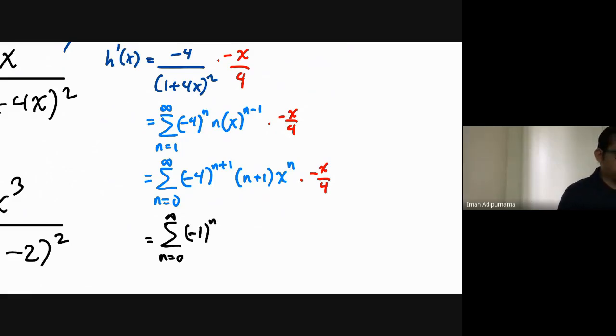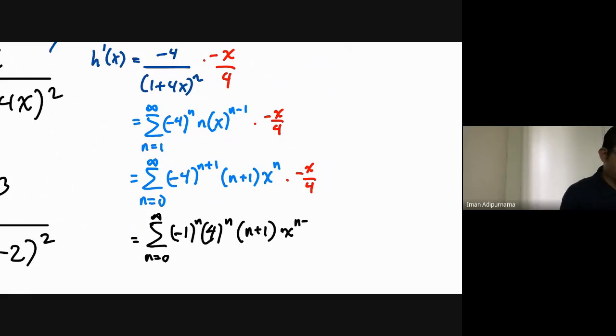Let's separate the alternating series, and then with n, and then n plus 1, and then x to the n plus 1.